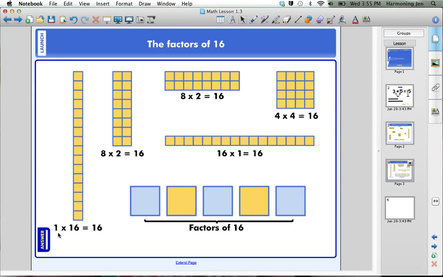So even though, for example, the number 1 is represented in this array and is also represented in this array, we only put the number 1 on our list once. So what numbers should be in this list? Think about them right now.